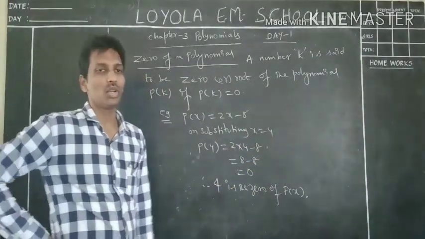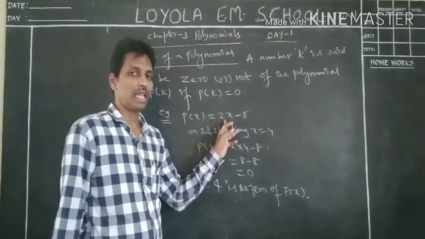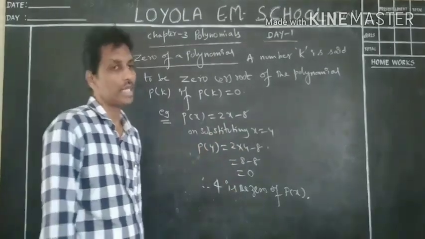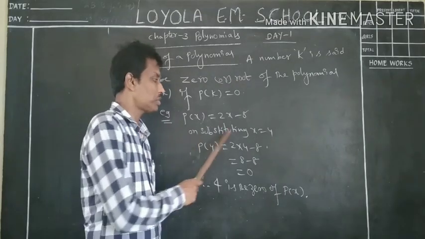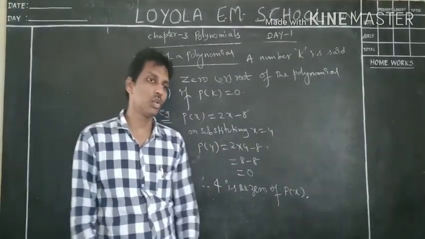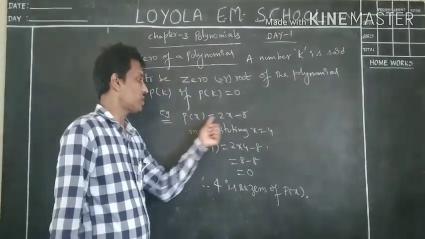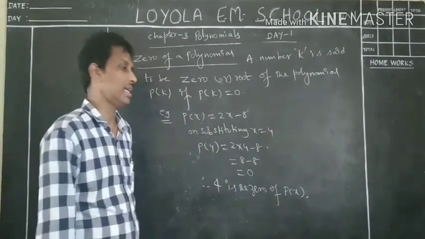Except x is equal to 4, if you substitute any one of the values here, can we get 0? Any one of you? No, we cannot get 0. So that's why, on substituting x is equal to 4. In the given polynomial p of x is equal to 2x minus 8, how many x are there?